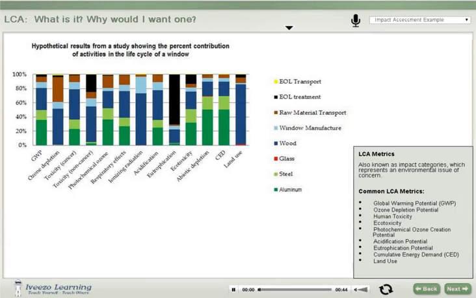There are many different LCA metrics, impact categories, that can be measured in an LCA. On the x-axis of the graph on screen, you can see 13 common impact categories that were measured in this hypothetical window study. The percent each activity in the value chain contributes to the total impacts in each impact category is shown on the y-axis.